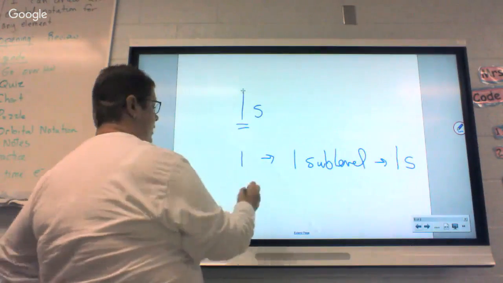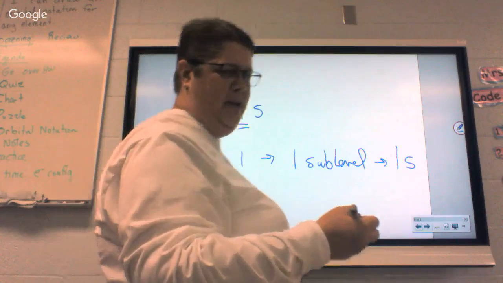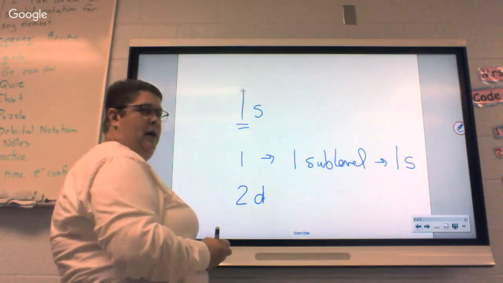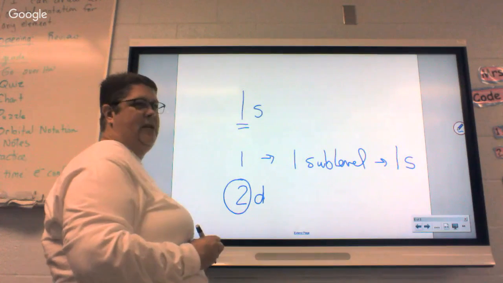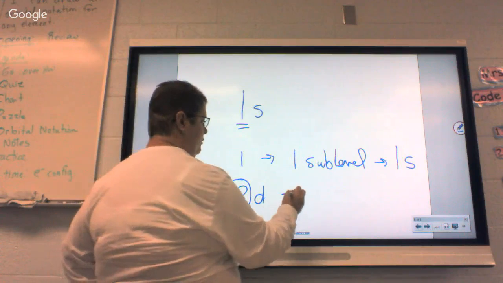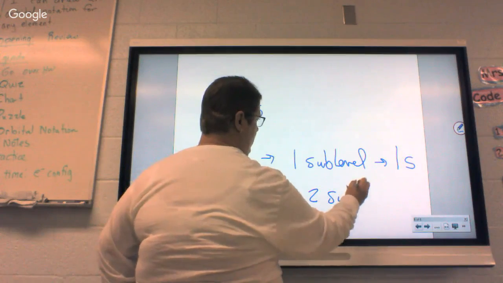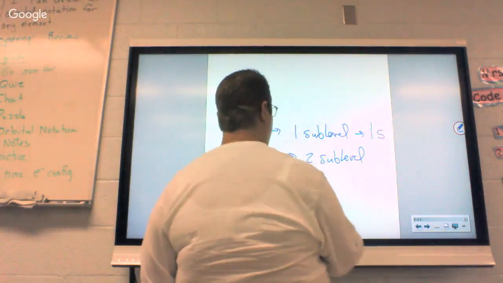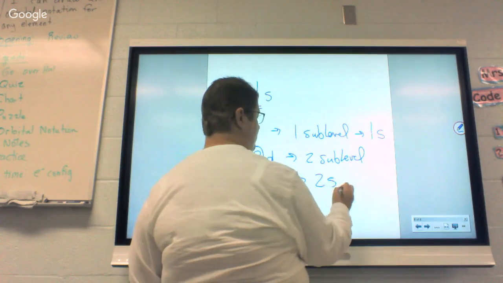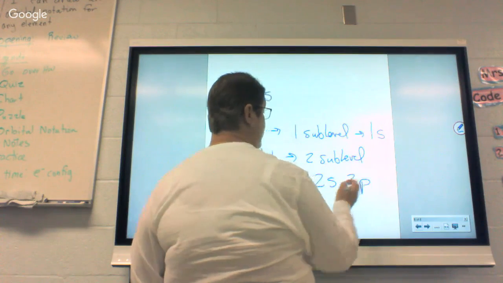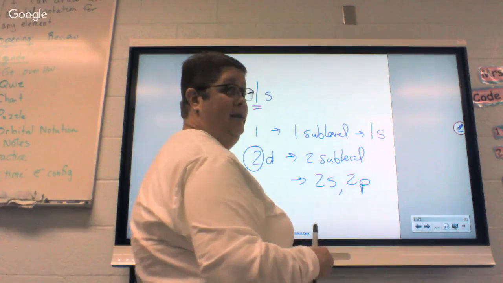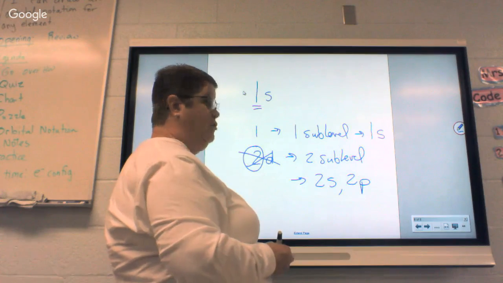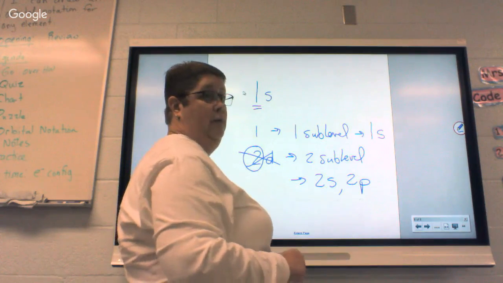Okay? So, if I jump down to something like 2d, okay? If I have a 2, I can have how many sublevels? 2 sublevels, right? What are their names? Brandon. 2s and 2p. So can 2d exist? No, because you just said their 2 names were what? 2s and 2p.